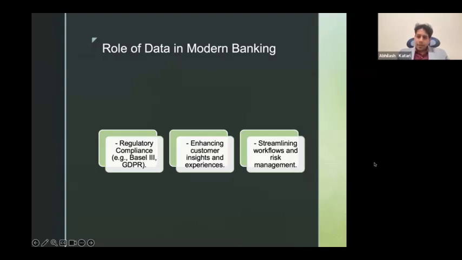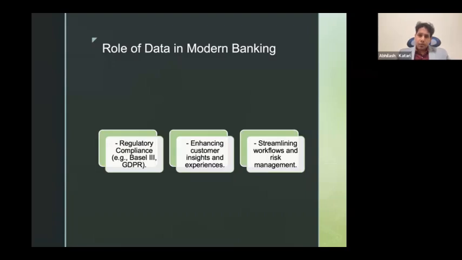As I talk about the challenges, I do also want to talk about the data, right? What is the data that is there in banking? How will this data evolve? What type of data do we need to really look into here?